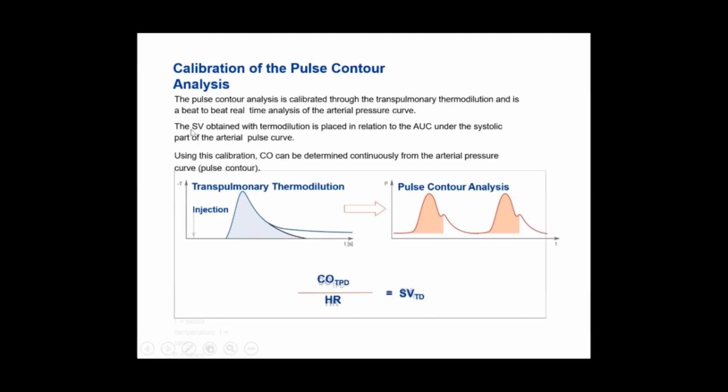So the stroke volume obtained with the thermodilution is placed in relation to this portion. Using this calibration, the cardiac output can be determined continuously from the arterial pressure curve. So cardiac output through transpulmonary dilution divided by the heart rate will give you the stroke volume through the thermodilution. So this is how the system calculates.